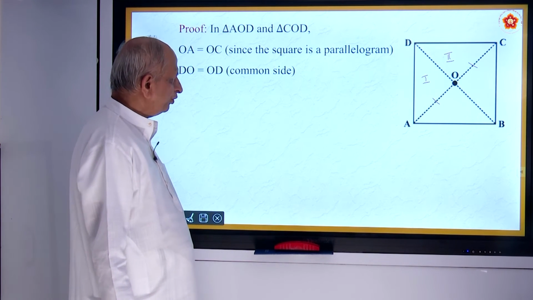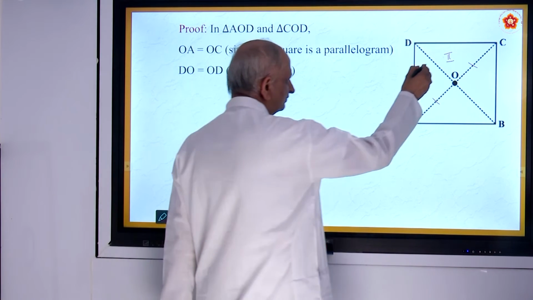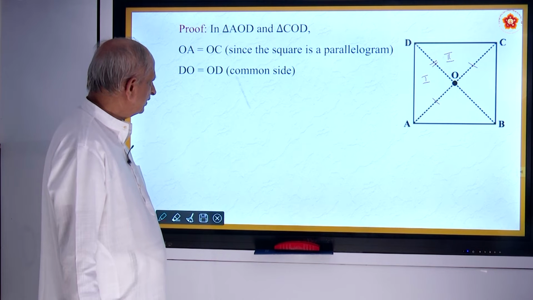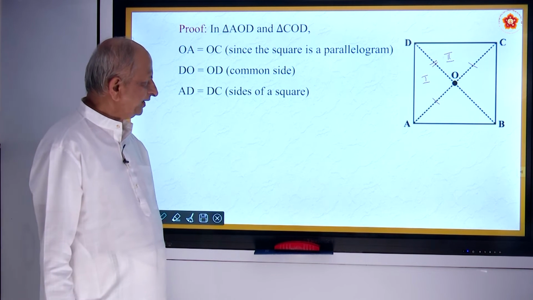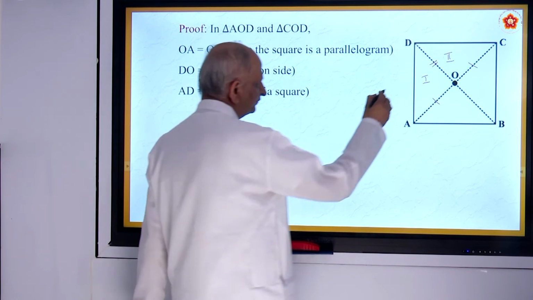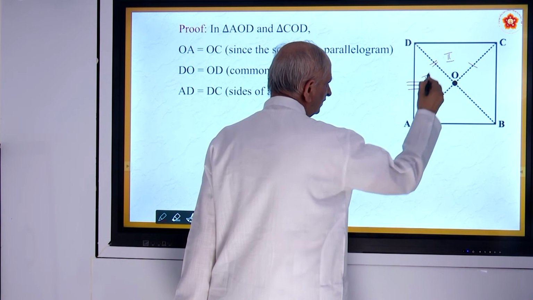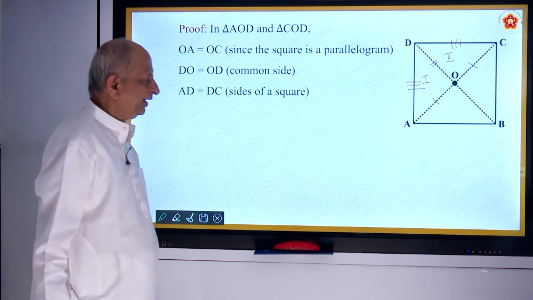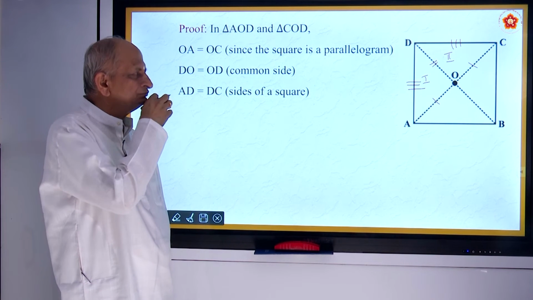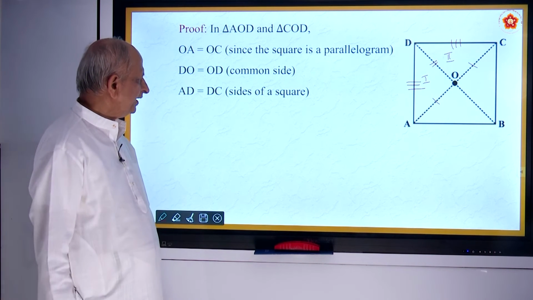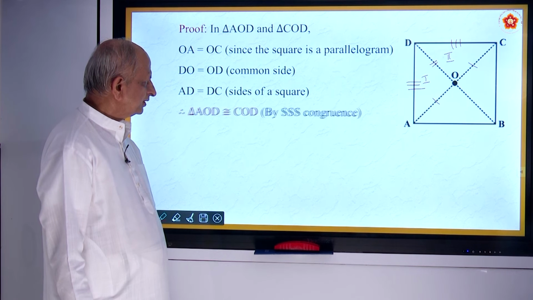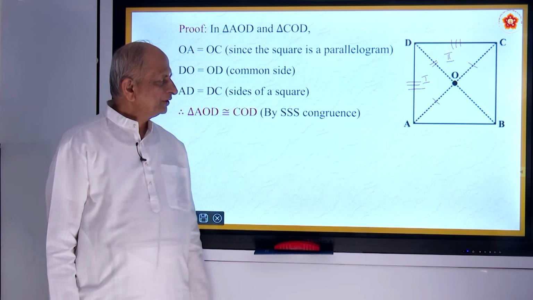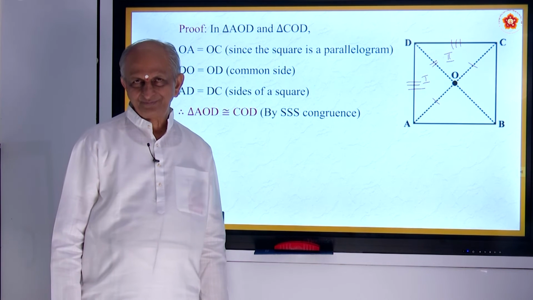Second point, DO is equal to OD, that is the common side. And third point, AD is equal to DC, because in a square all the 4 sides are equal. So, AD and DC are equal, and therefore triangle AOD is congruent to triangle COD.